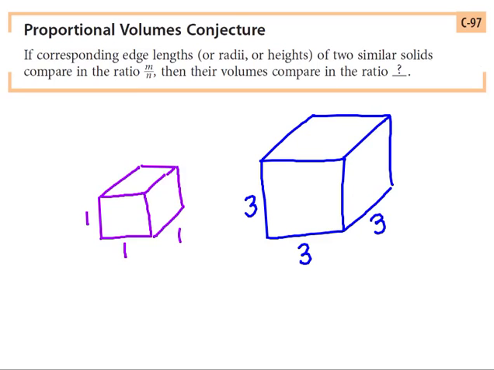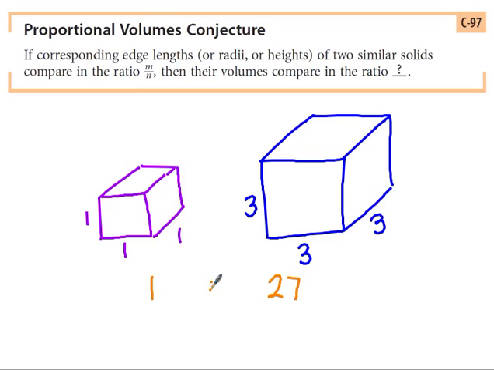I know some of you are still writing, but those of you that are done, look at those boxes. What's the volume of box 1? It's 1, right? Because it's 1 times 1 times 1, so it'd be 1 cubed, or 1 unit cubed. What's the volume of box 2? 27.